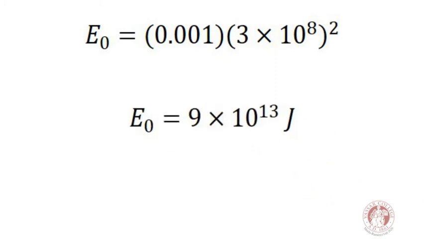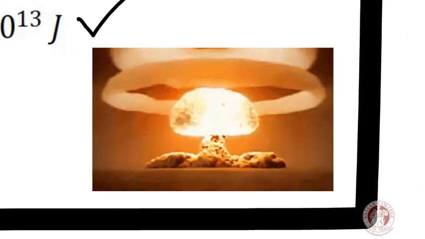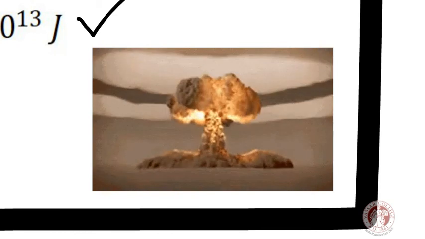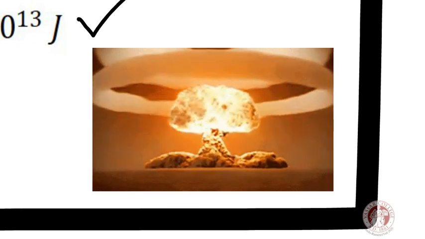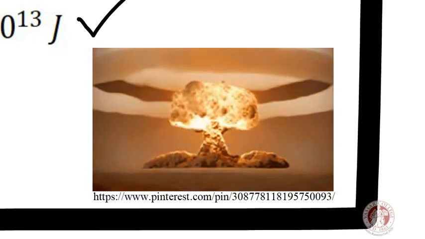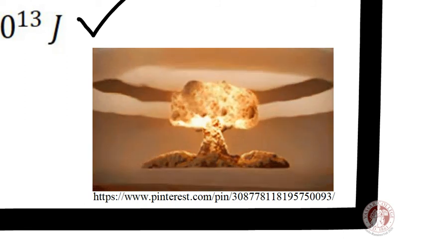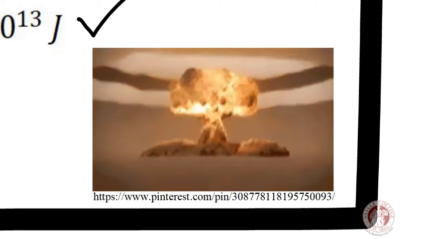In order to have an insight of how large is this amount of energy, we can say that it is of the same order as the energy released in the atomic bomb dropped on Hiroshima in 1945. A natural question should be, if the atomic bomb dropped on Hiroshima had about 64 kilograms of nuclear fuel, why is the released energy of the same order as that released by 1 gram of matter?